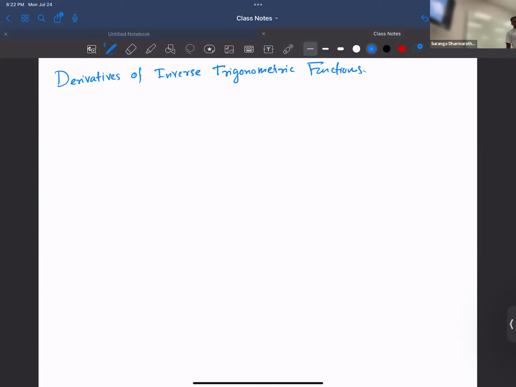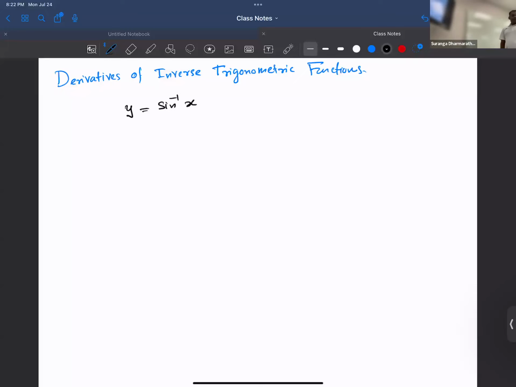What are these inverse trigonometric functions? Now, if you are given a function like this, y is equal to sine inverse x, or you say arc sine x, same thing.